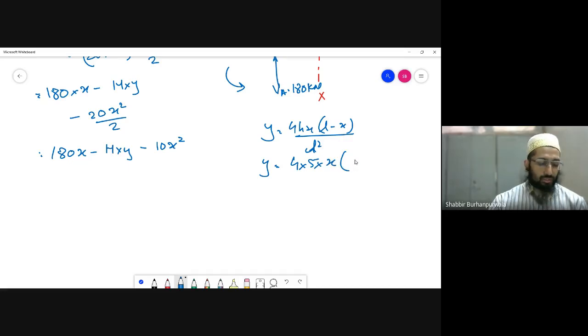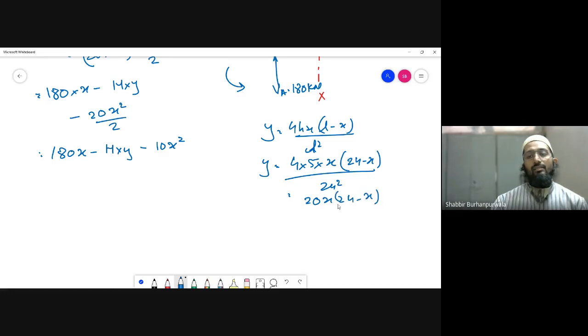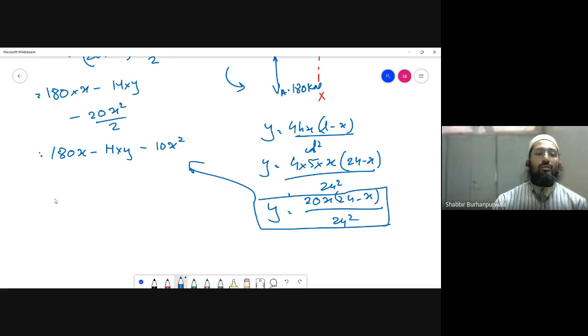Total length of that parabola is 24, minus x, divided by 24 square. Okay, so let us use this in the equation. So we can simplify this: 20x (24 minus x) divided by 24 square. So let us put the value of y into this equation over here.